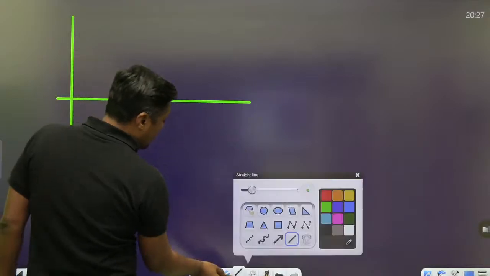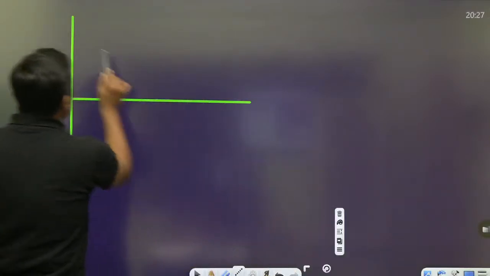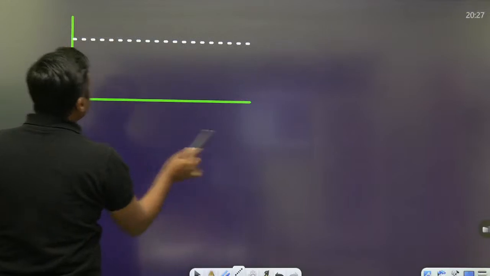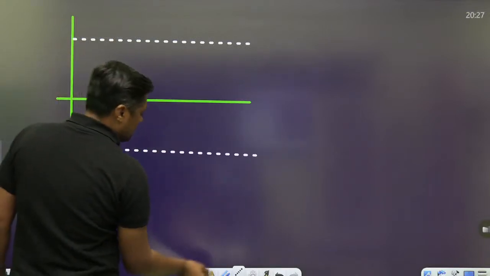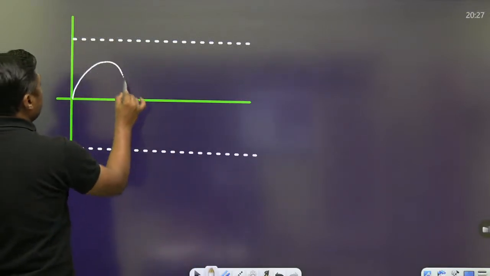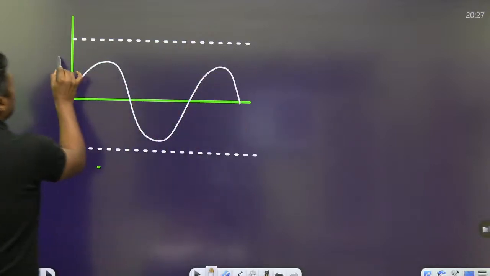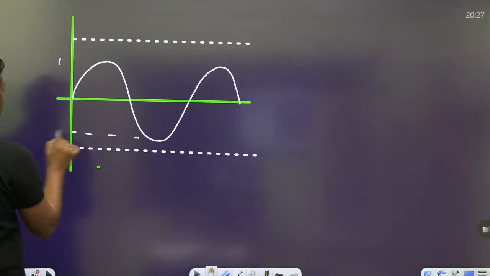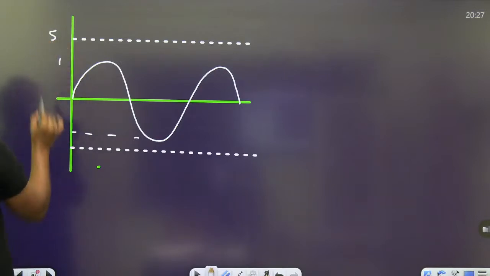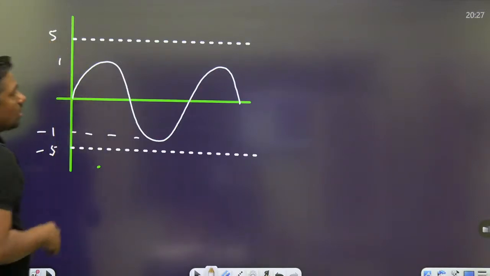Then, for example, if it is an upper threshold level, and it is a lower threshold level, what about the input? Input is in between these two. 1 volt only. Minus 1. It will not cross the threshold level.